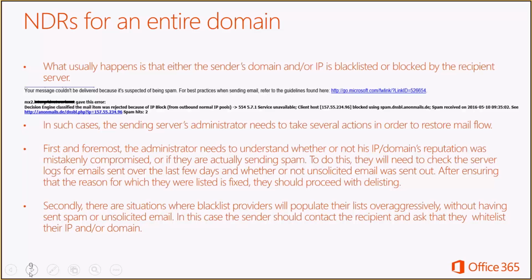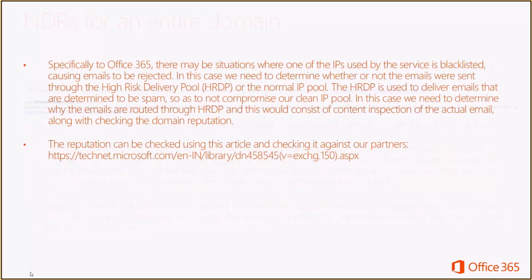Okay, and there is another scenario which is specific to Office 365, whereby some users' emails might be sent out using the high-risk delivery pool, or the HRDP, which contains IPs that are usually blacklisted.